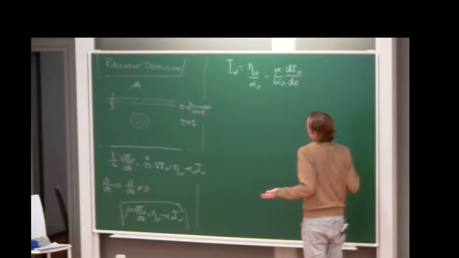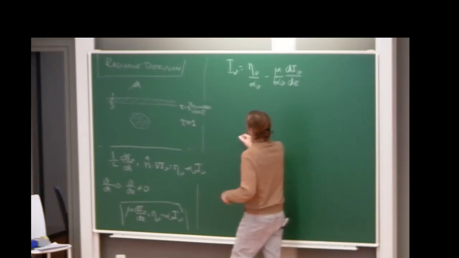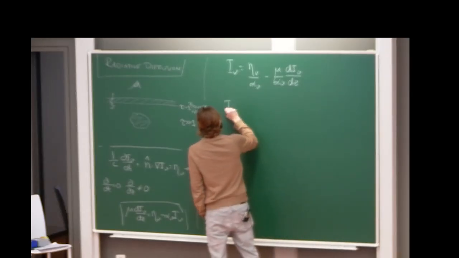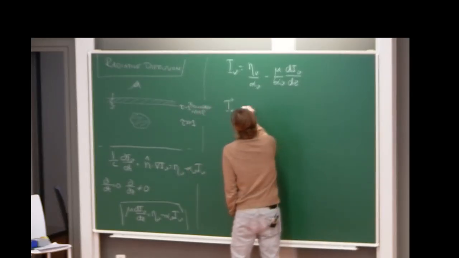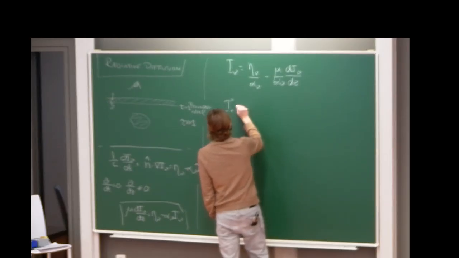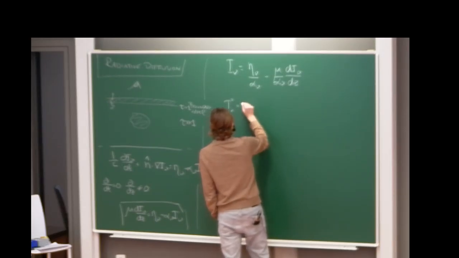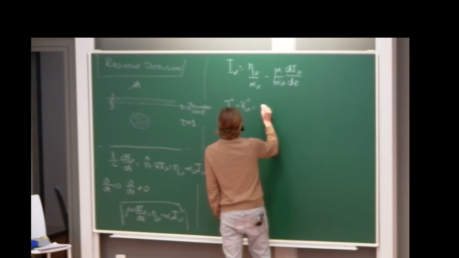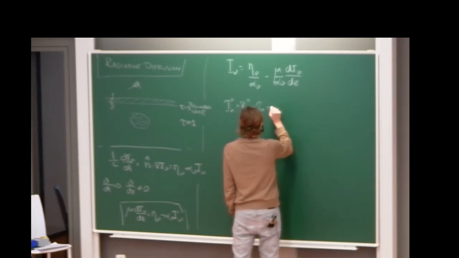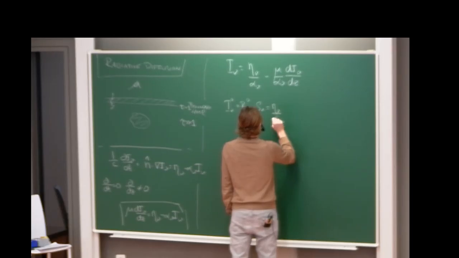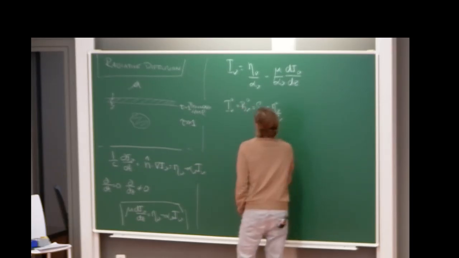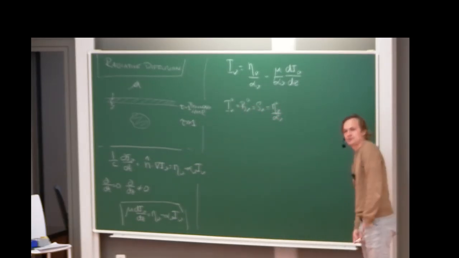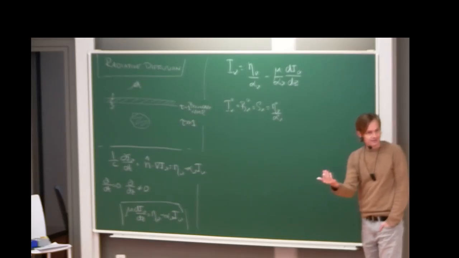Small deviations around the equilibrium situation means that we know what the equilibrium situation is. We can call this I nu 0, the equilibrium, which is just the Planck function, of course the source function, and eta nu alpha nu 0 we can put to 0. This was the equilibrium description that we had before.